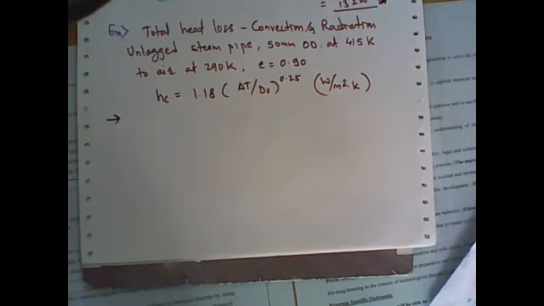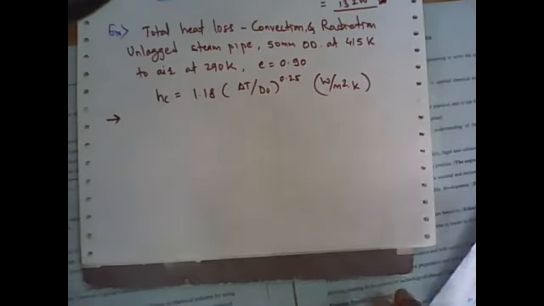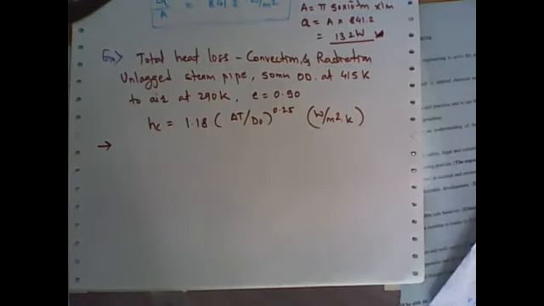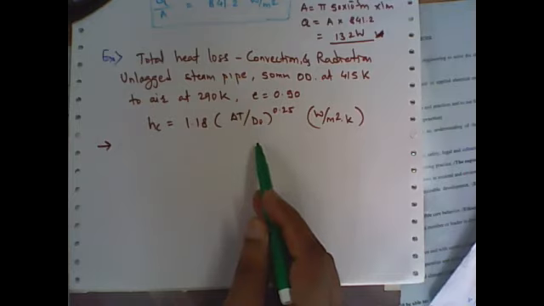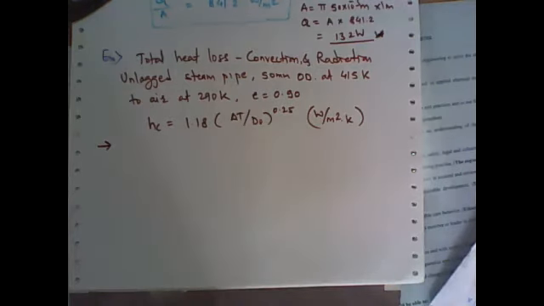The pipe has 50 mm OD at 415 Kelvin, air is at 290 Kelvin, and the emissivity is 0.90. Now how to calculate this Q?